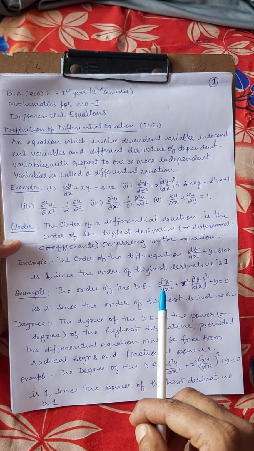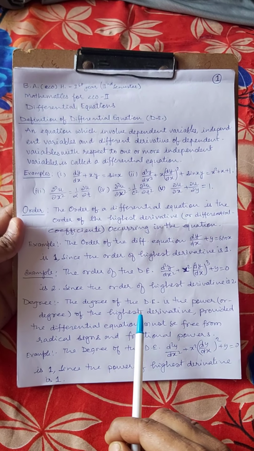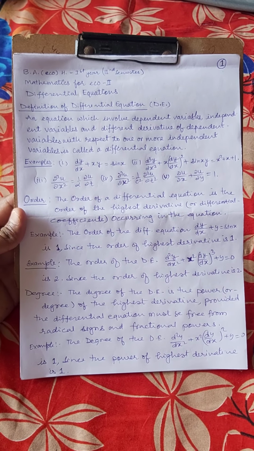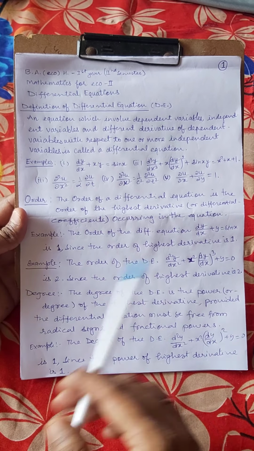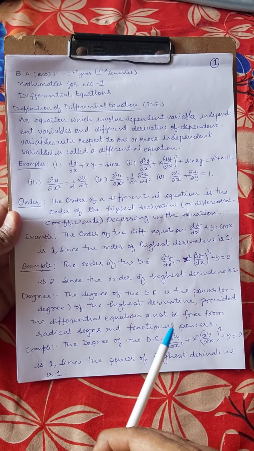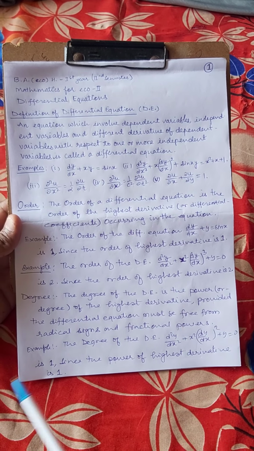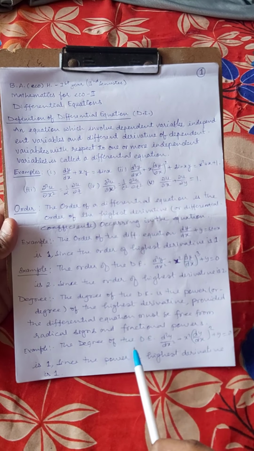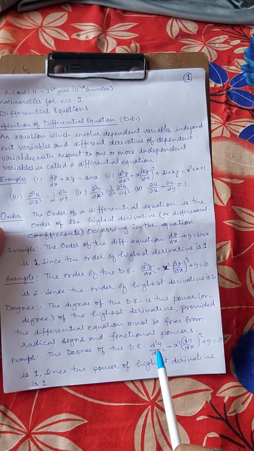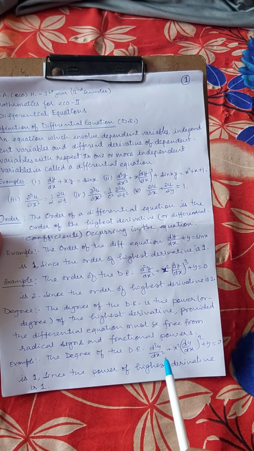Now we move to another concept, degree of the differential equation. The degree of the differential equation is the highest power of the highest derivative, provided the differential equation is free from radical signs and fractional powers. Here in question 1, the degree is 1 because the highest derivative is the second derivative, and the whole power is 1.